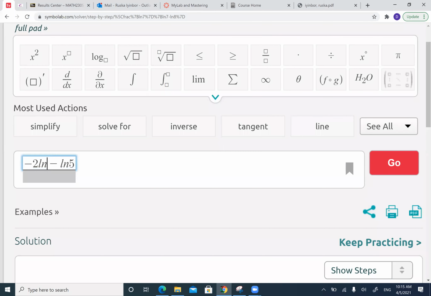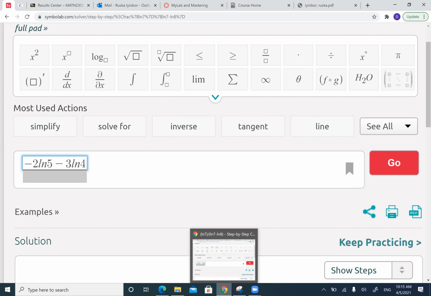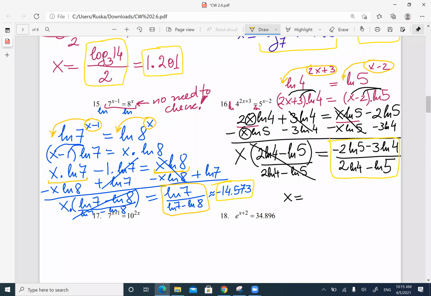2 and 5. There's 3 and 4. Like that, right? Negative 2 ln 5 minus 3 ln 4. Or you know what? I can just write it down and then I can plug it in. Let's do that. That way I don't make a mistake. Negative 2 ln 5 minus 3 ln 4 over 2 ln 4 minus ln 5.